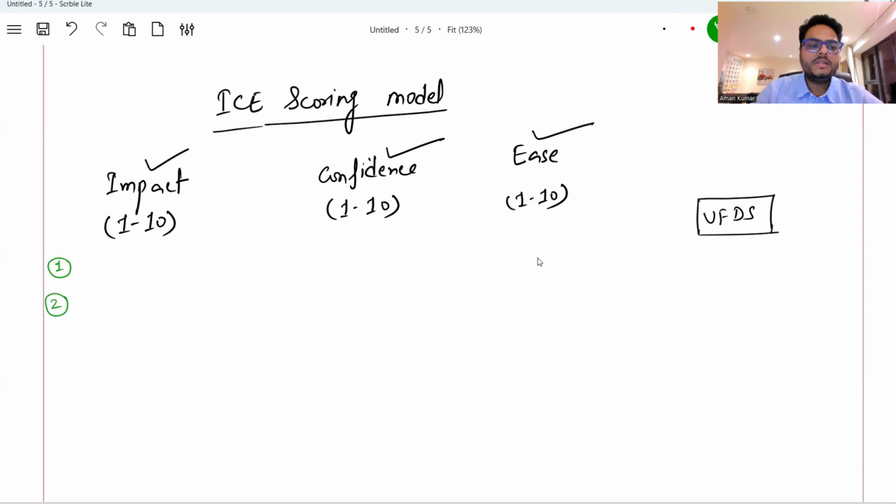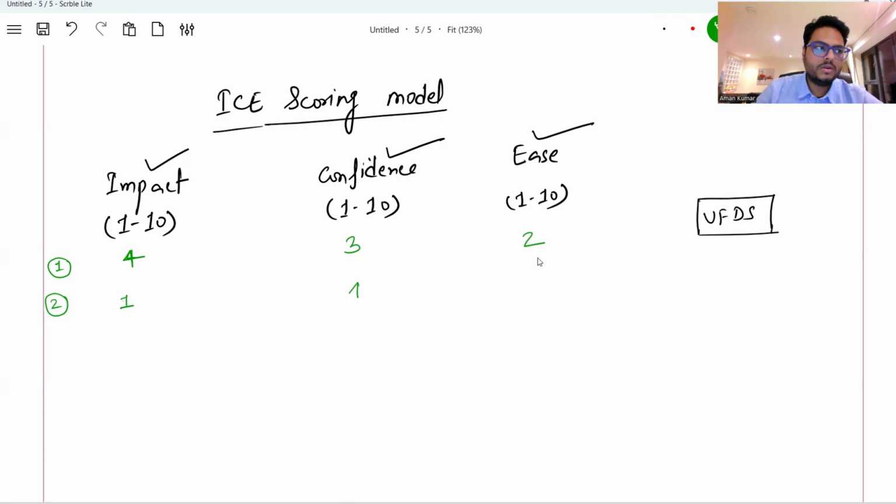So let's say for improve the UI, impact is 5, or let's say 4. And confidence that it will bring in more people is 3. And the ease with which it can be done is 2. Just numbers I'm giving. And second is rebuild the entire website. So impact is, let's say, 1, because I'm not sure what will happen.